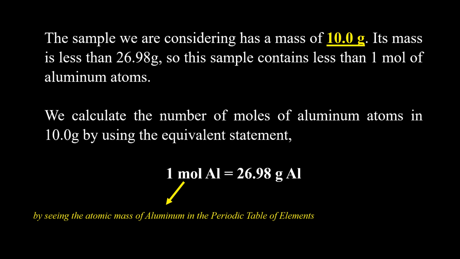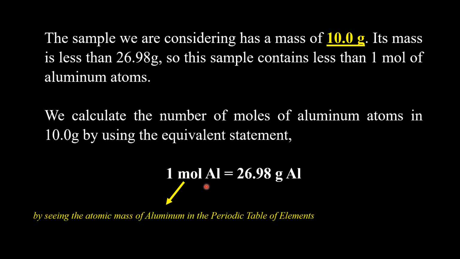The sample we are considering has a mass of 10 grams. Its mass is less than 26.98 grams. So this sample contains less than 1 mole of aluminum atoms. Now, take note that the value of 26.98 grams of aluminum can be seen in the periodic table of elements to the corresponding element sample.